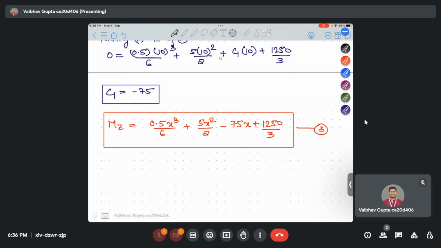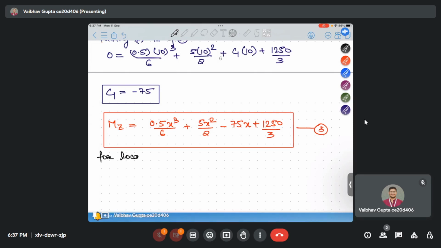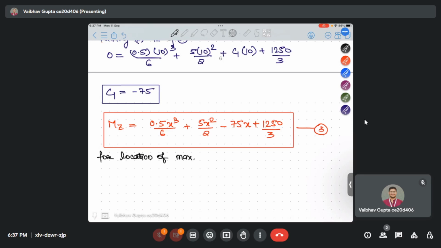So for the location of maximum value, we'll just differentiate dMg by dx and put it equal to 0.